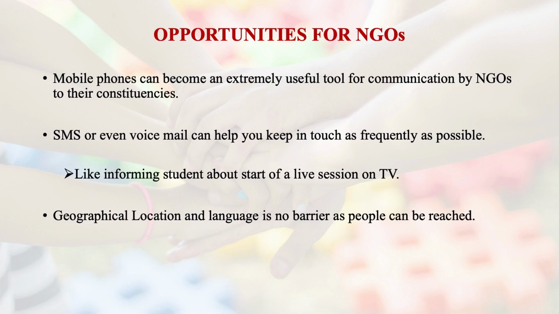Then geographical location and languages, though they may be considered as barriers, are also very useful when reaching a particular person is concerned. Think of a situation where a disaster has happened, let's say some flood or some bad cyclone, and if your mobile is still, by chance, receiving the connection, right?